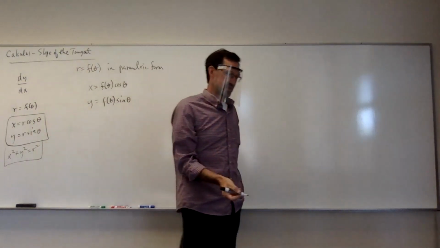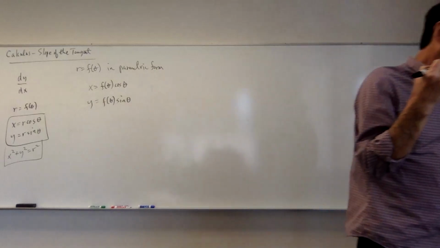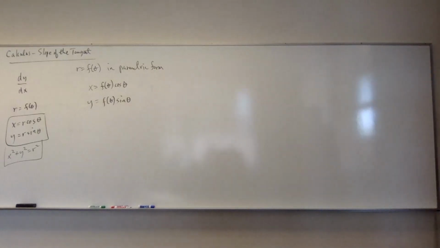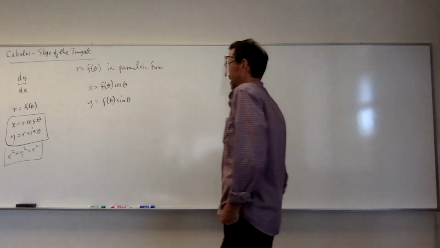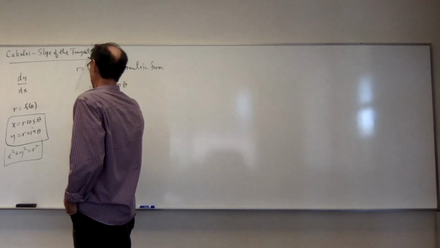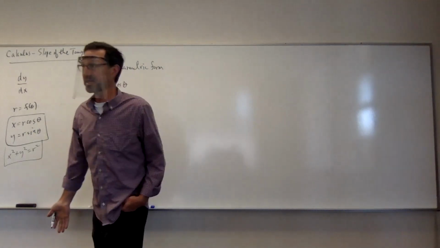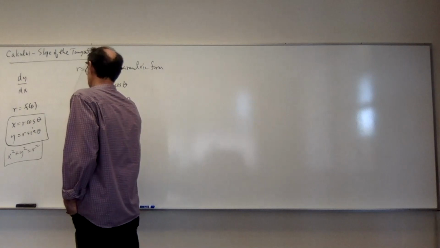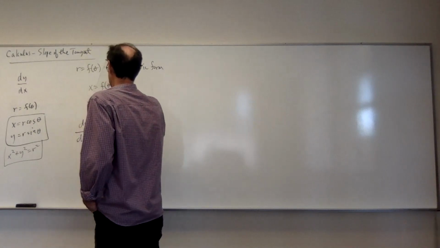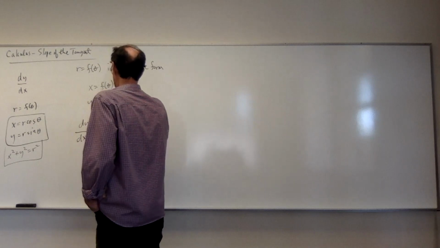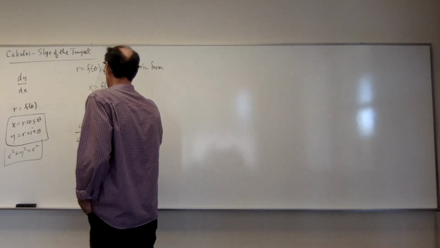Because of our relationship, we're lucky that we know exactly the formula for x and y, which is what we need to have parametric form. So now we'll just use what we learned on Monday. But our parameter obviously is theta, not t. So we're going to take dy/d theta and divide by dx/d theta.